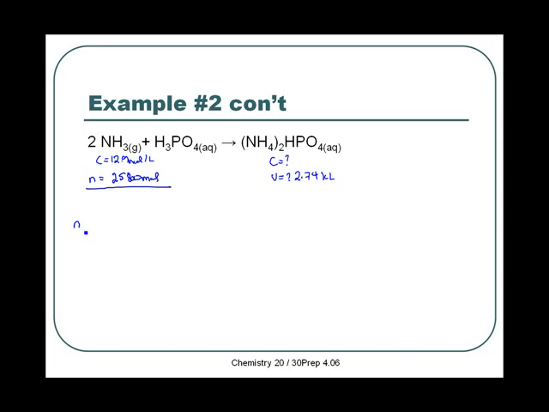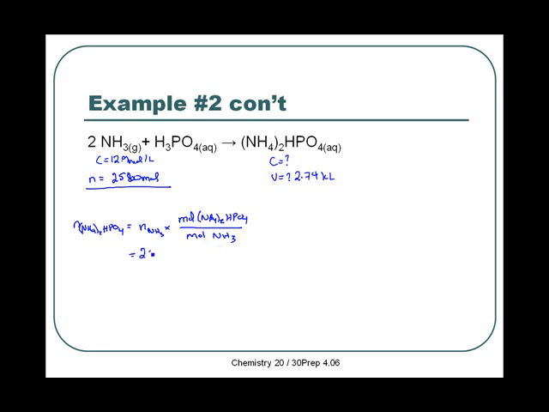We can simply say N of (NH4)2HPO4 is equal to the number of moles of ammonia times our mole ratio, the number of moles of (NH4)2HPO4 divided by the number of moles of NH3.